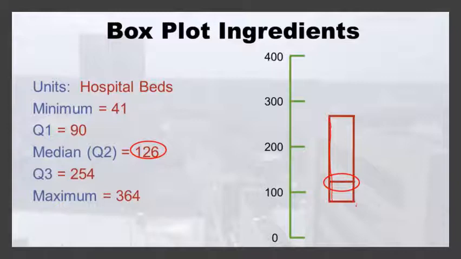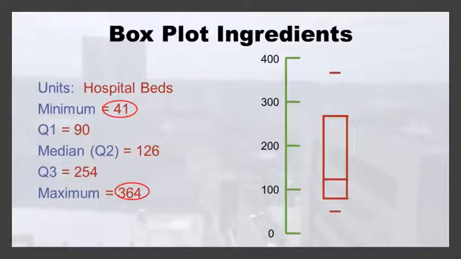Then we're going to take your Q2, and our Q2 is going to go right there. That's our median. So we put all of our different quartiles on here. Remember, this was Q1, this is Q2, and this one is Q3.